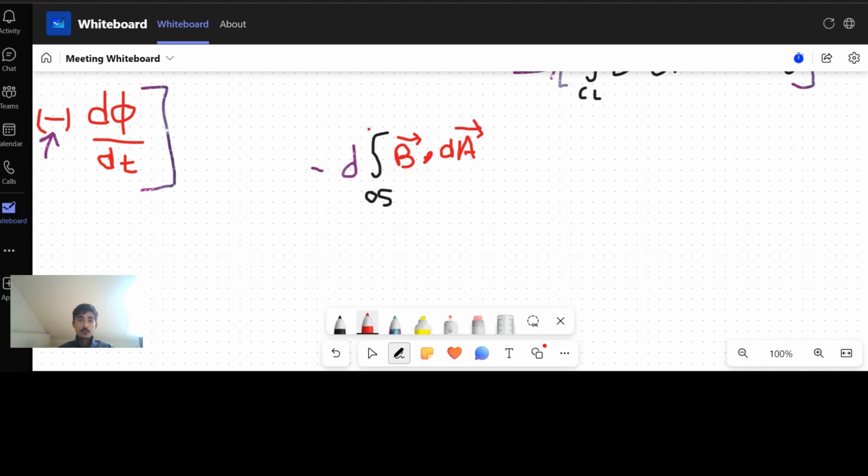So this is d over dt. Ignore this minus sign, this is just there to compensate for Lenz's law.